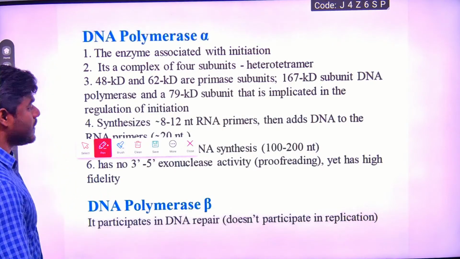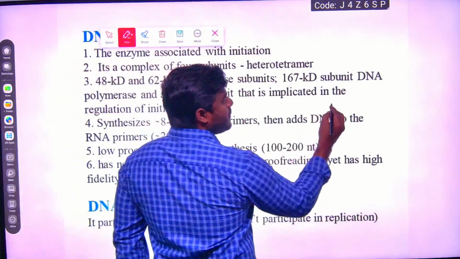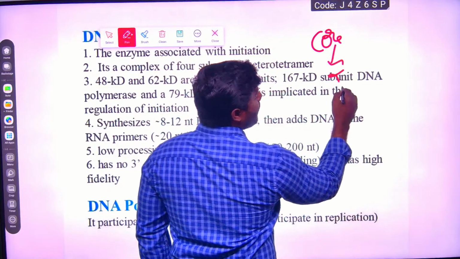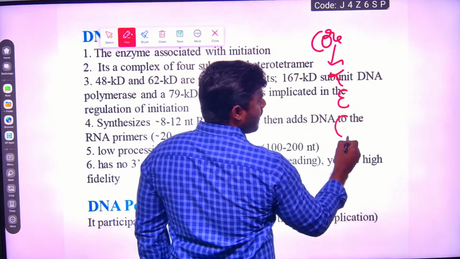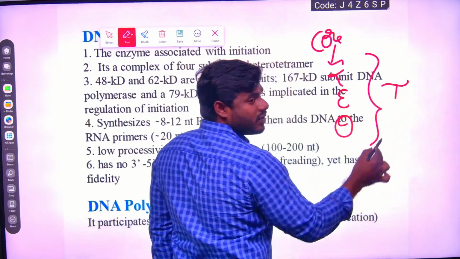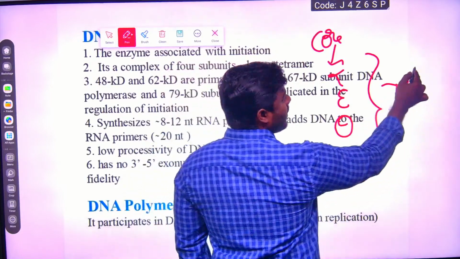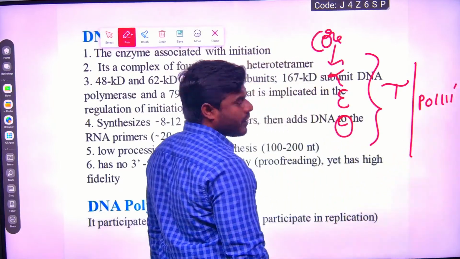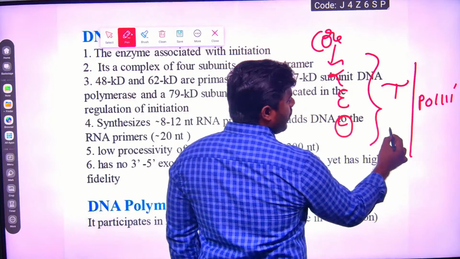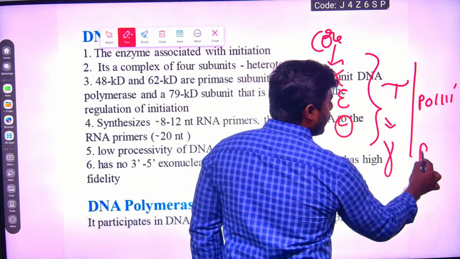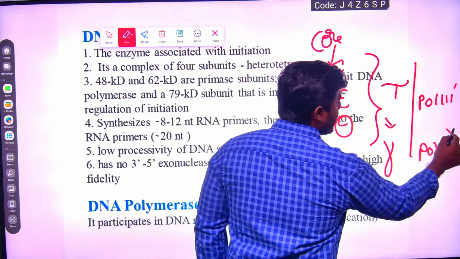What are those? So it contains a core. The core is actually made up of alpha, epsilon, theta. The core connected to the tau dimer, correct? Then what do we call it? Pol 3 prime, correct? Then the core tau connected to the gamma complex, we call Pol 3 star.